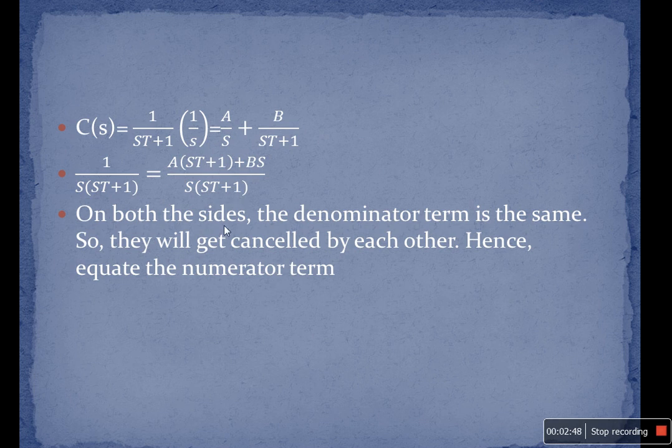On both sides the denominators are the same and get cancelled. Equate the numerator terms in order to find the a and b values. So a into (s tau plus 1) plus bs equal to 1, that is, a s tau plus a plus bs equal to 1.